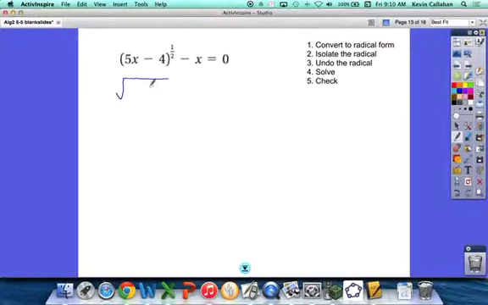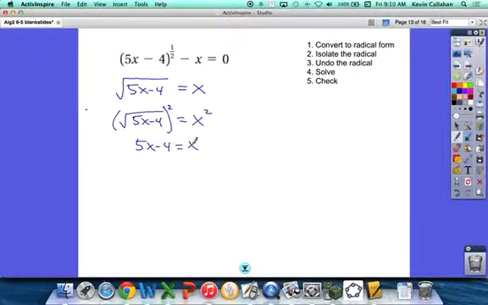That'll be the square root of 5x minus 4, and I'll isolate it at the same time, equals x. Undo the radical. So 5x minus 4 equals x squared.